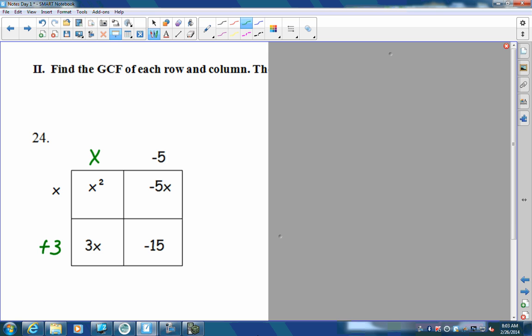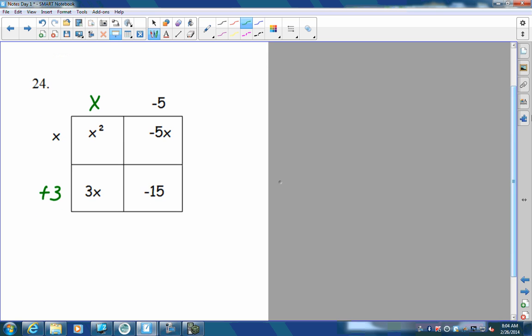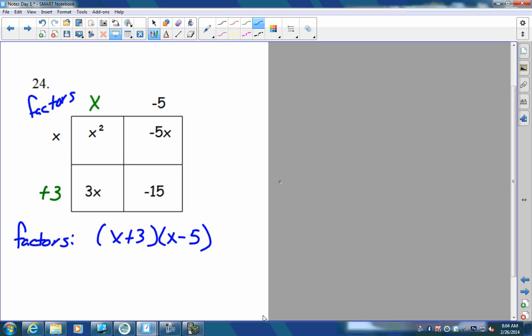Well, what we did in the last unit was this. These on the outside are called my factors. So the factors are x plus 3 times x minus 5. You want to write that down so you know the definition. Those factors are also called my length and my width.